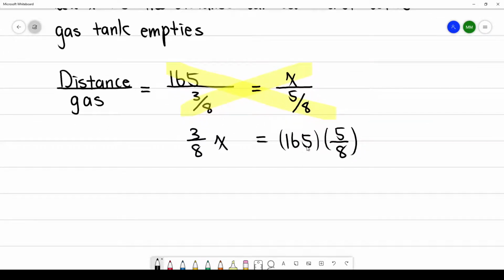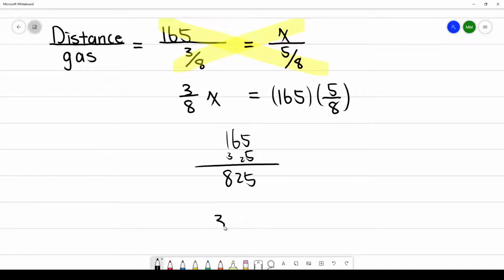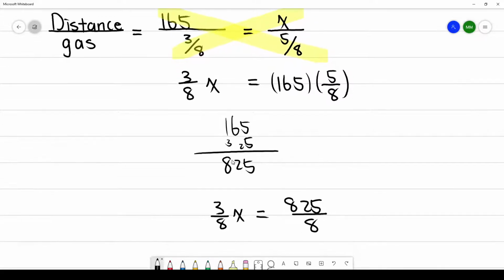Right now, I see some of you would do this here: you would write, and then carry the 2 over, so 2, 3, and then 8. And then from here, you go 3/8 x is equal to 825/8. The problem with this is that you interrupt your flow of ideas.